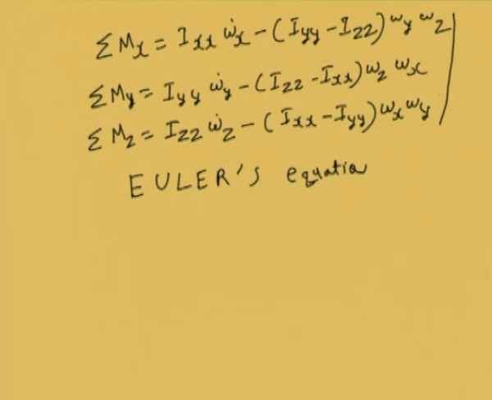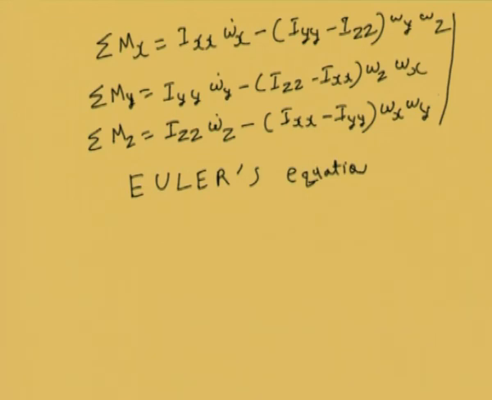Number 3rd point is that the moments of the forces are taken about the reference point, and also the components of the inertia matrix are determined with respect to the body axis at that point. Moments of the forces have to be taken about that reference point, and similarly components of the inertia matrix are also determined by that.